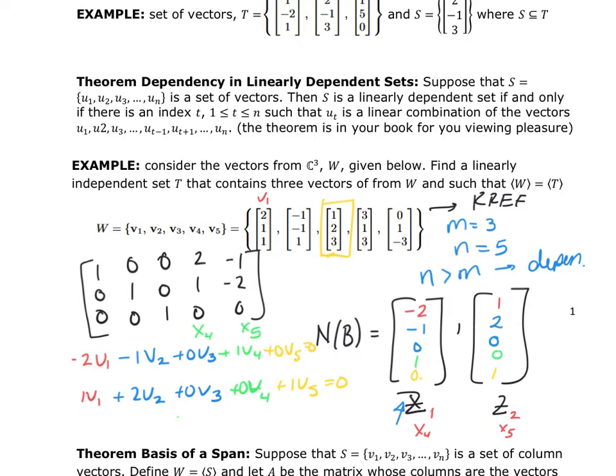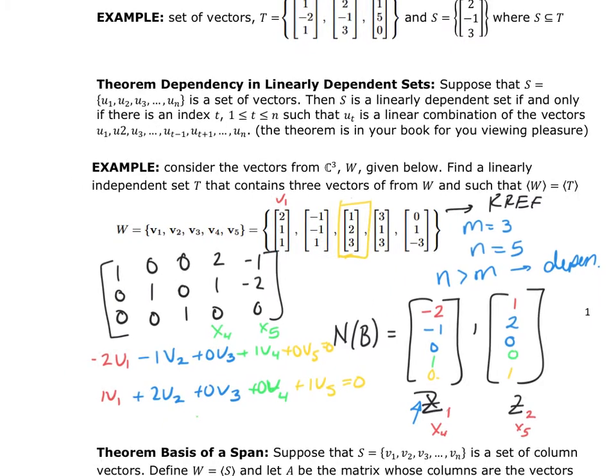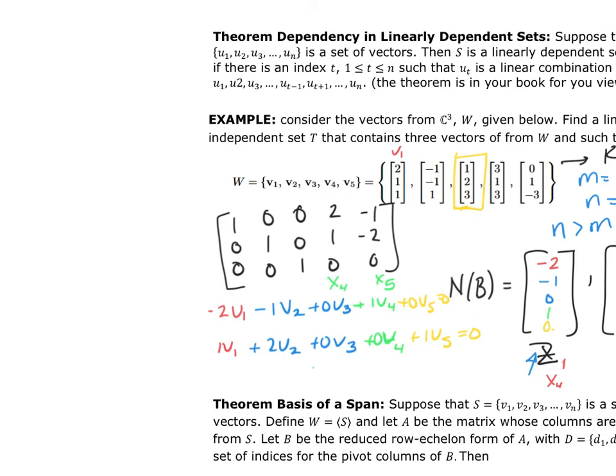Now, let's just look at this first linear combination. If I solve for v sub 4, what I'm going to get is 2v sub 1 plus v sub 2.